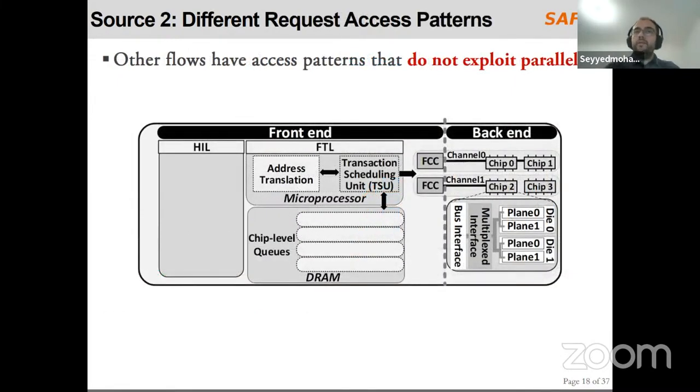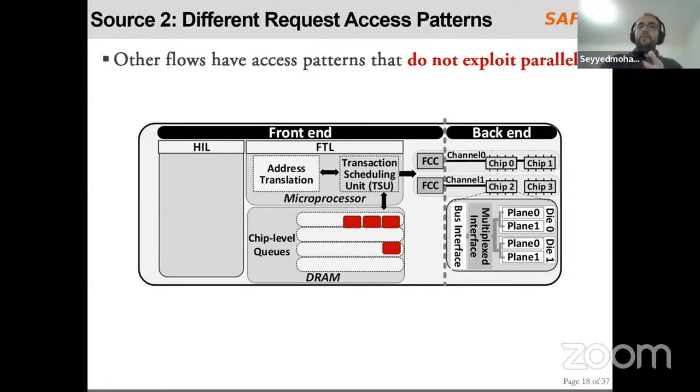However, this is not the case for other flows. Some other flows have access patterns that do not exploit parallelism. Consider a red flow where three of the transactions are accessing chip 0, and one of them is accessing chip 2. Clearly, this red flow cannot effectively utilize the parallelism in SSDs.